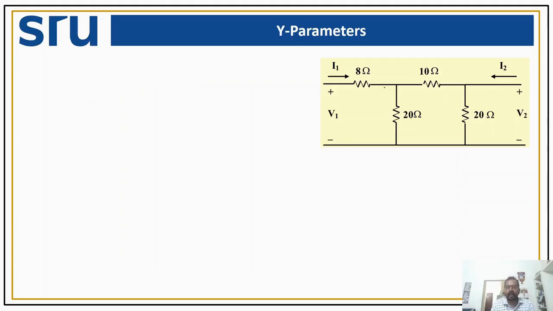So we can see that here we are having V3 and we are having V2 over here and we are having V1 here. So if you try to apply here, the incoming current is I1 and the outgoing currents are V3 minus V2 divided by 10 plus V3 by 20.